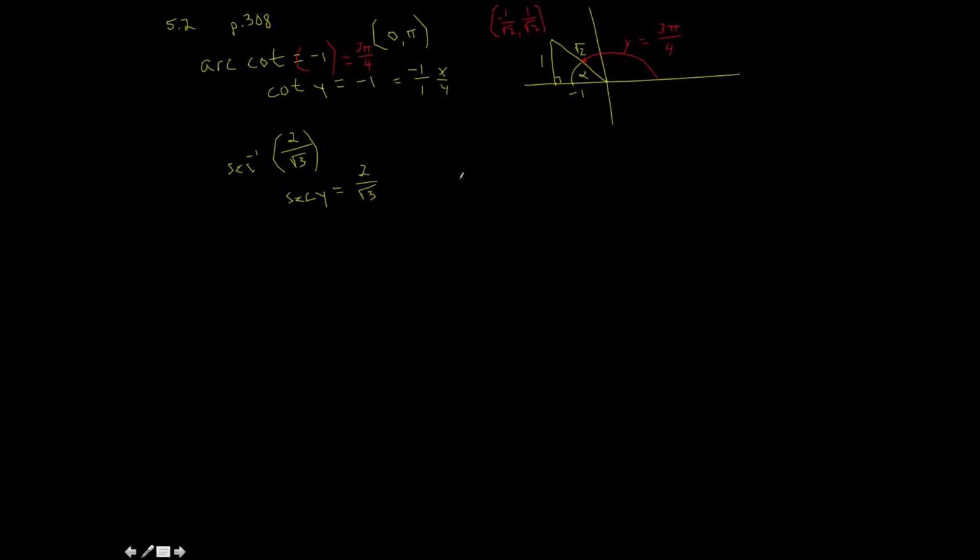Now remember what secant y happens to be. That's r, our hypotenuse, over x. R over x. So when you get ready to draw your reference triangle, that would be square root of 3, and 2. And of course this would be 1 if you used your Pythagorean theorem.